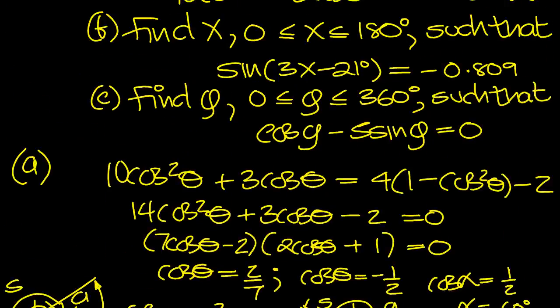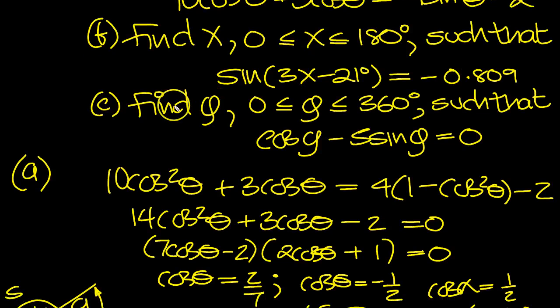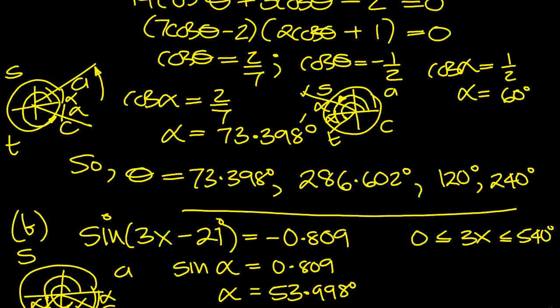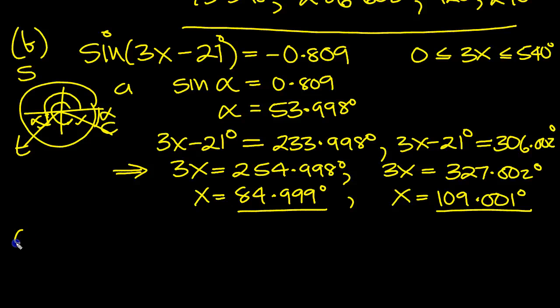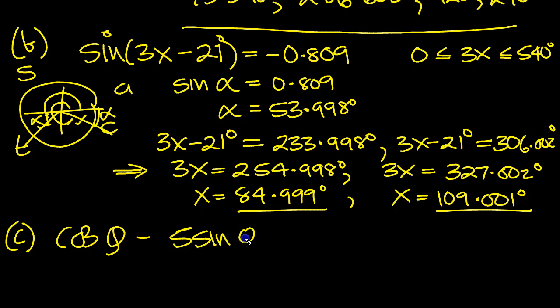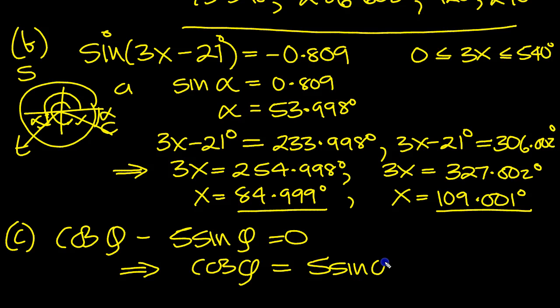Yeah, that's B. And then part C: find phi between 0 and 360 such that cos phi minus 5 sin phi equals 0. So cosine phi minus 5 sin phi equals 0. Move that over: cos phi equals 5 sin phi.